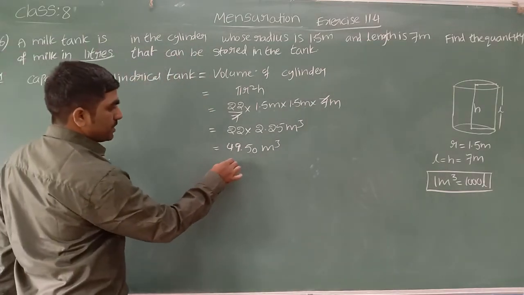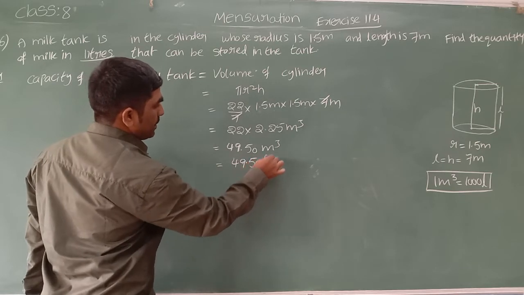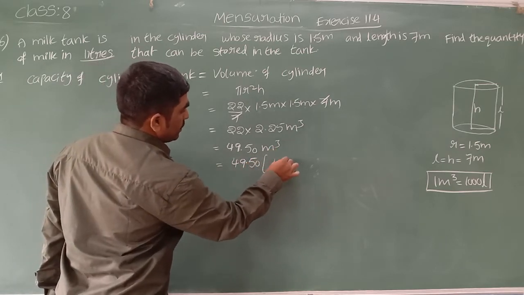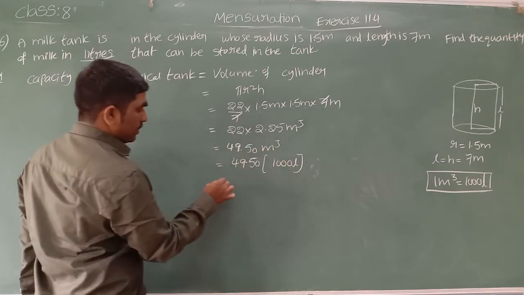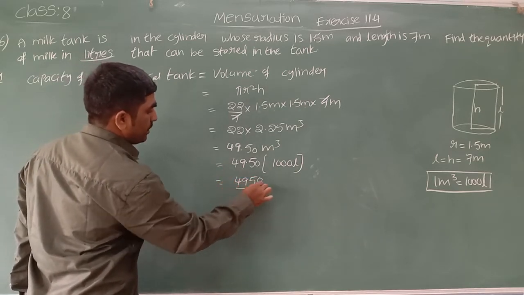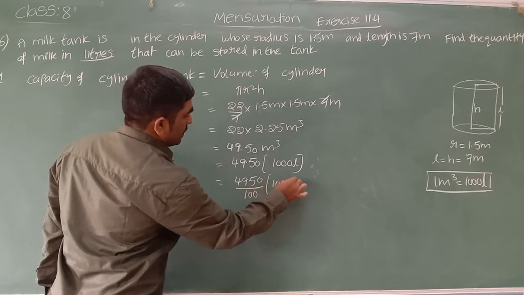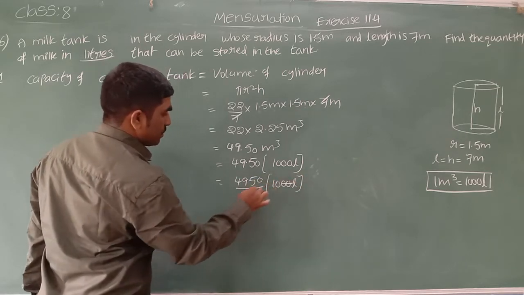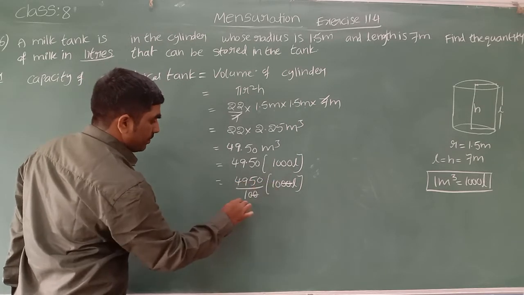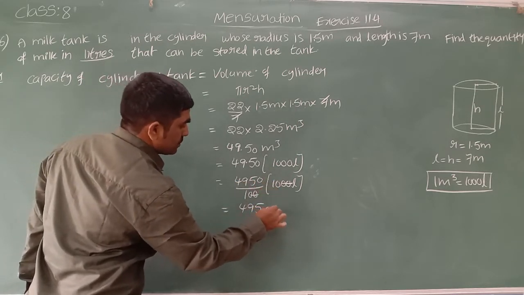Now this we express in terms of liters. In the place of cubic meter we can write 1000 liters. If possible, we convert this into fraction form: 4950 by 100 into 1000 liters. So the 2 zeros cancel. 495 ones are 495, together with 2 zeros.